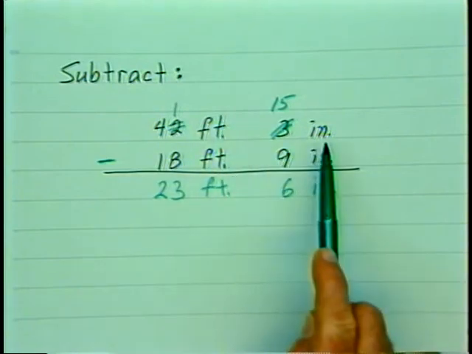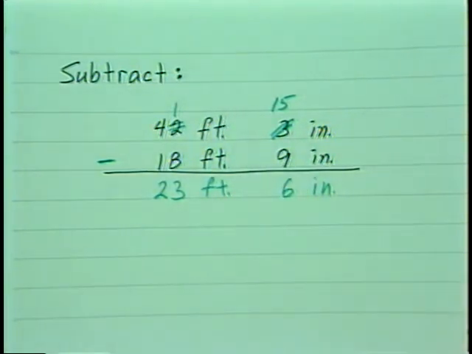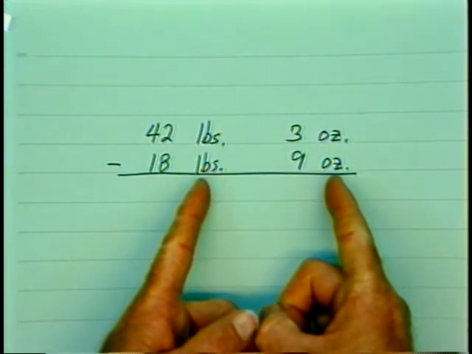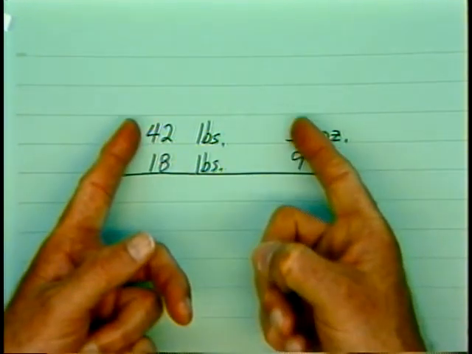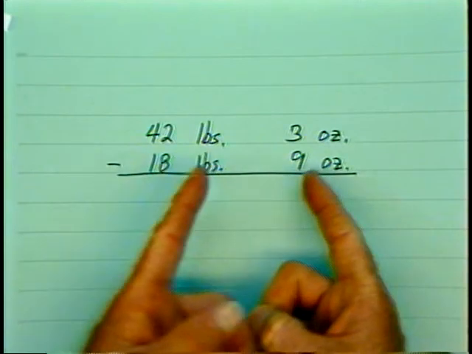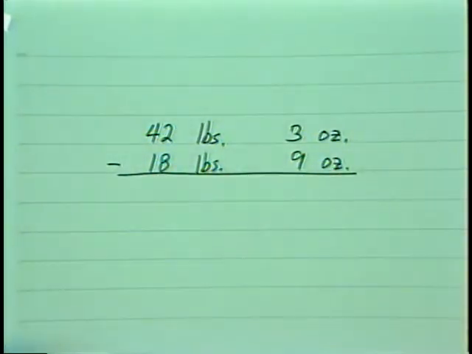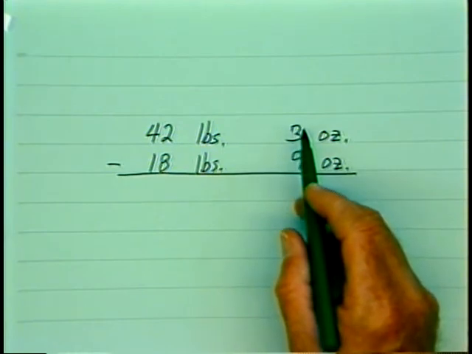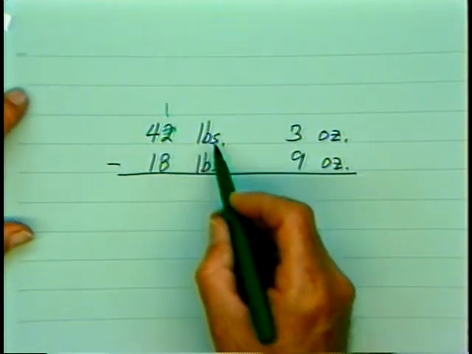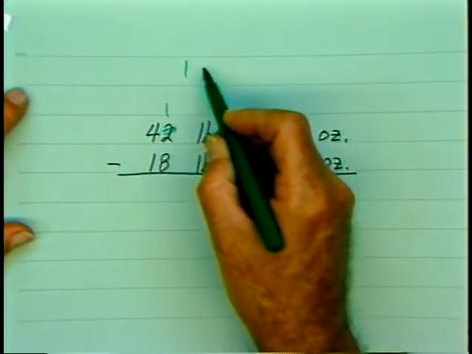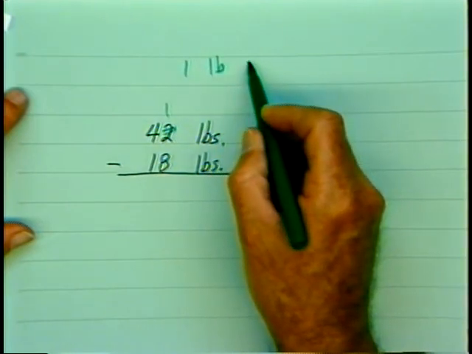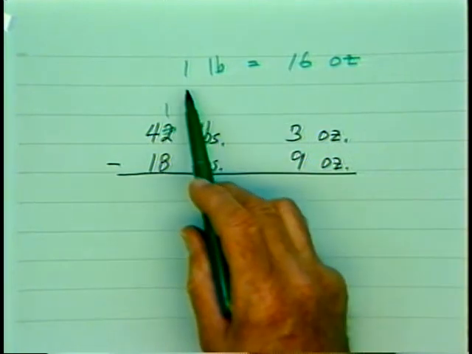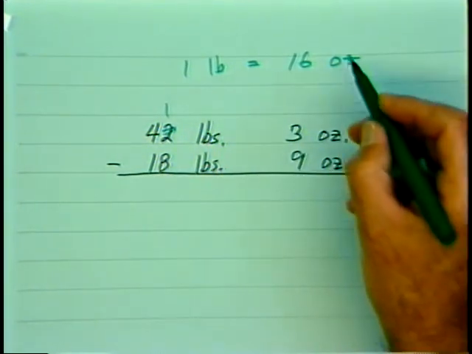So 1 foot is 12 inches, whereas if I were working with weights, it becomes an entirely different matter. So see, it's not just these number parts that decides the issue, it is the measurement itself. In this case, I still can't subtract 9 from 3, but now if I borrow 1 pound, 1 pound is 16 ounces, whereas 1 foot was 12 inches.